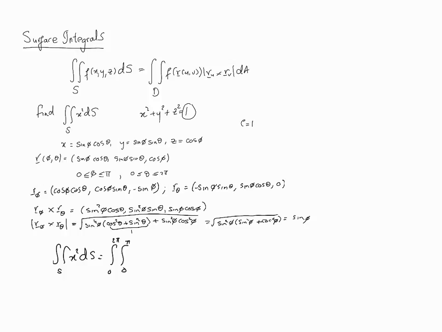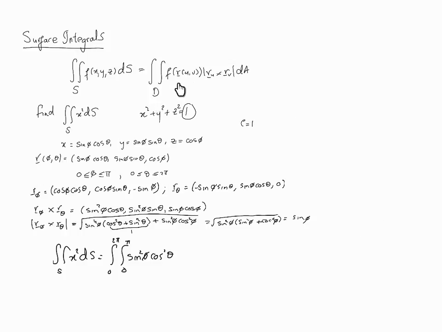So x is, as you can see, sine phi cos theta, so this will become sine squared phi cos squared theta, because it's x squared. We have to replace this sine phi cos theta into here, so it'll become sine squared phi cos squared theta, right? And that's the part we're working at now.